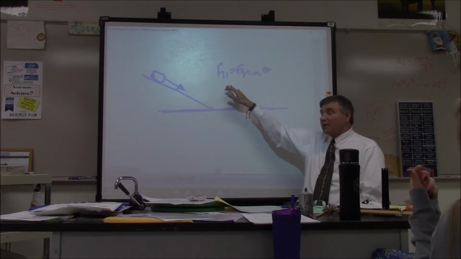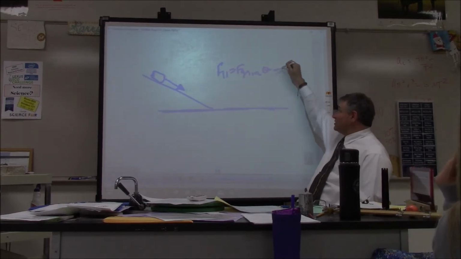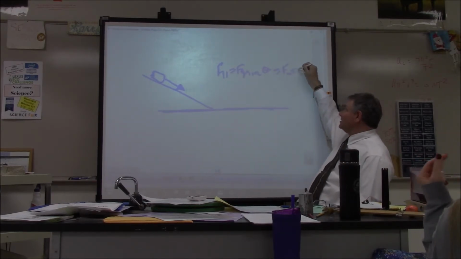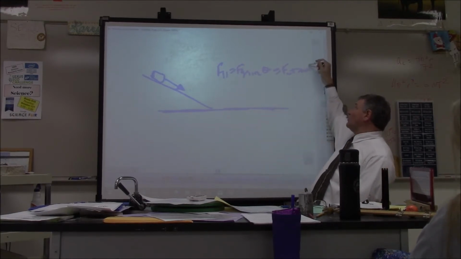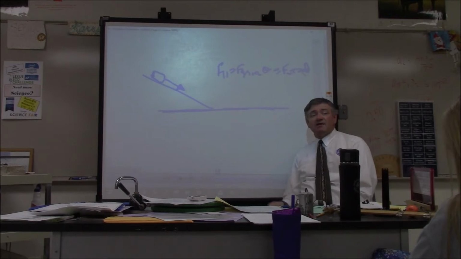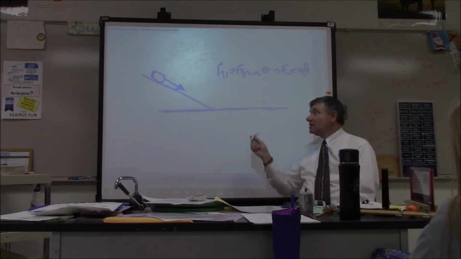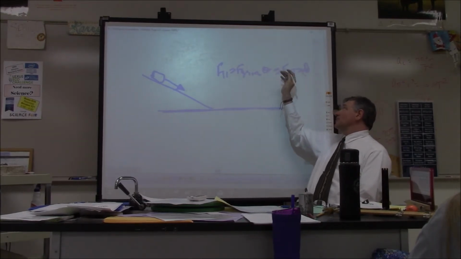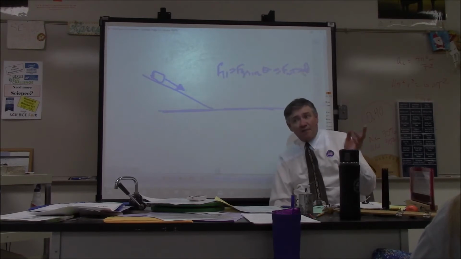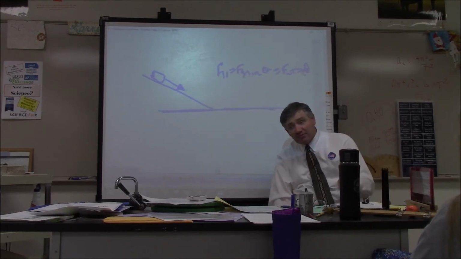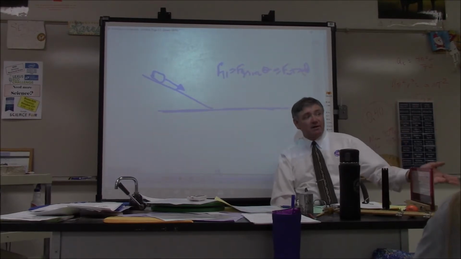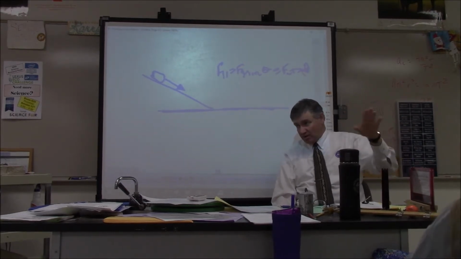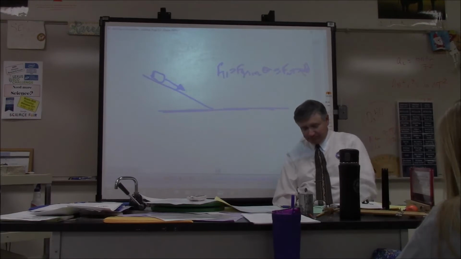This equals your net force, which is mass times acceleration. So find your force parallel. The problem is you don't know the mass of the block, but you know the weight, so divide that by 9.8 meters per second squared, voila, you're off and running.